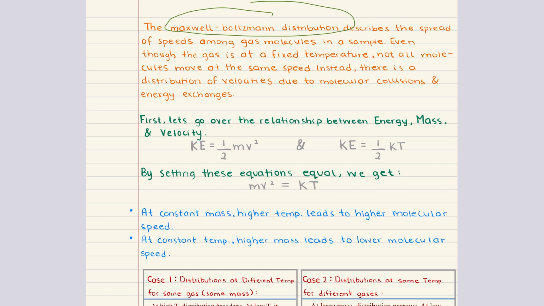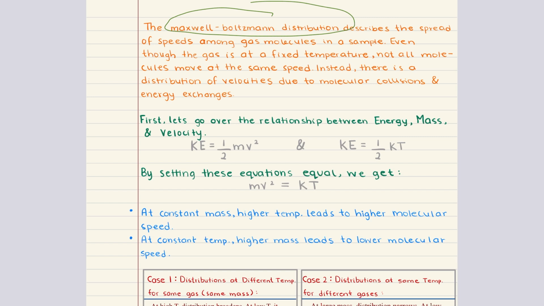Some particles gain energy and speed up, while others lose energy and slow down, and that creates a characteristic curve that represents the probability of finding a molecule moving at a certain velocity. To fully understand this concept, let's first revisit the relationship between energy, mass, and velocity, and then I'm going to show you some curves and we'll talk about it.